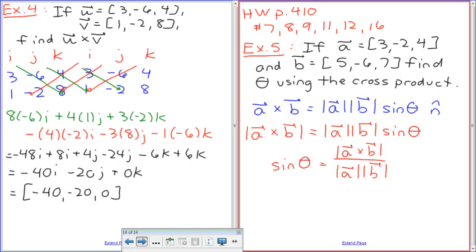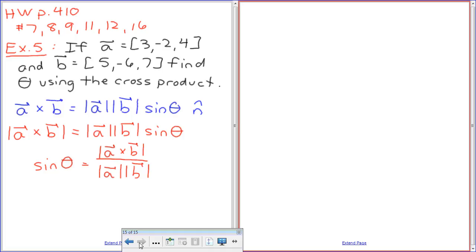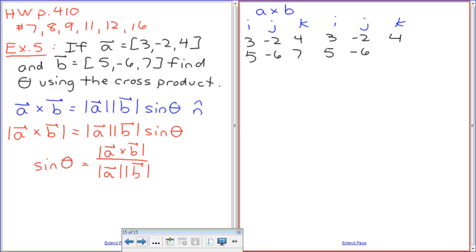So for A cross B, the pluses are going to go this way.